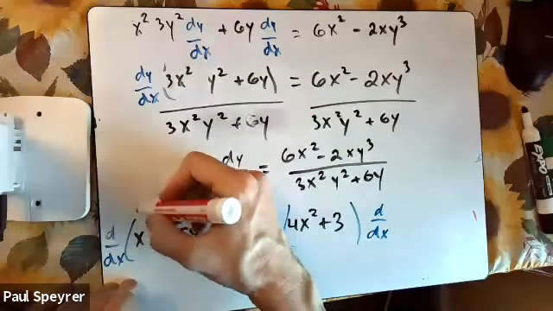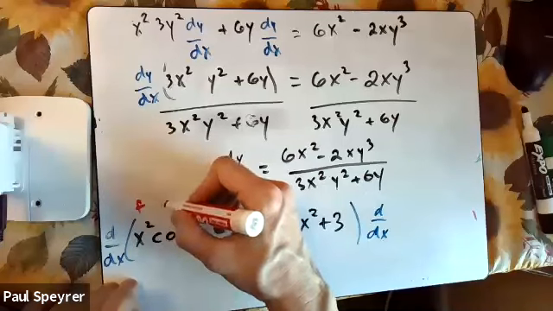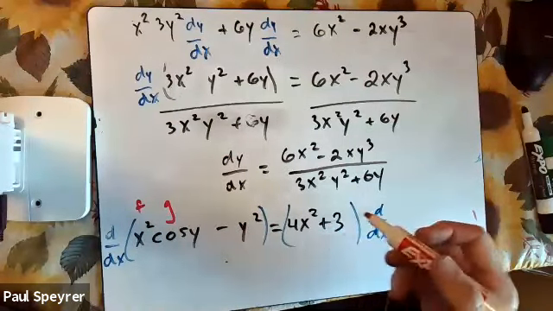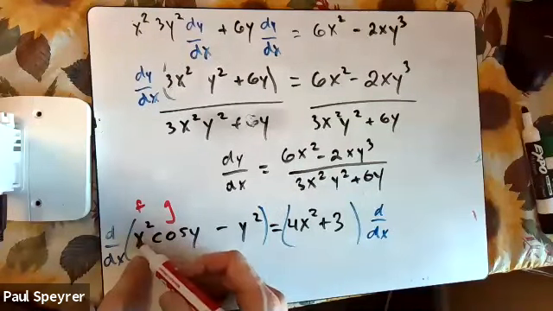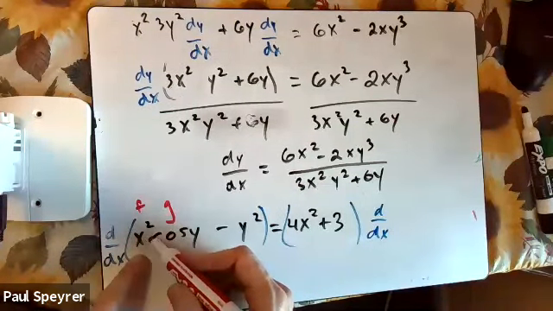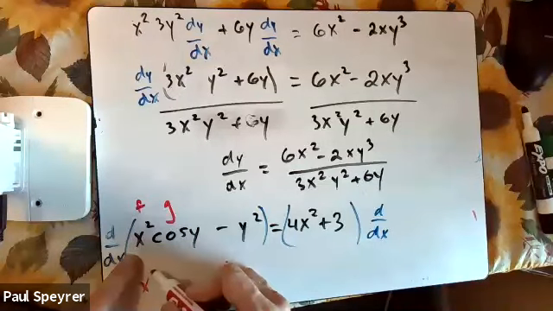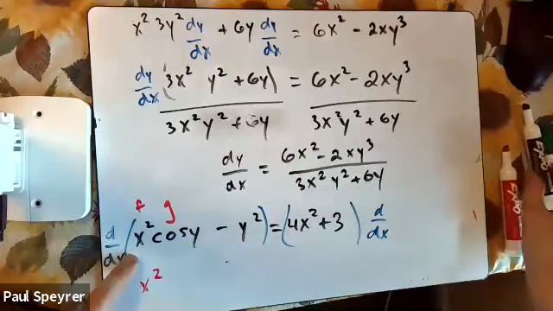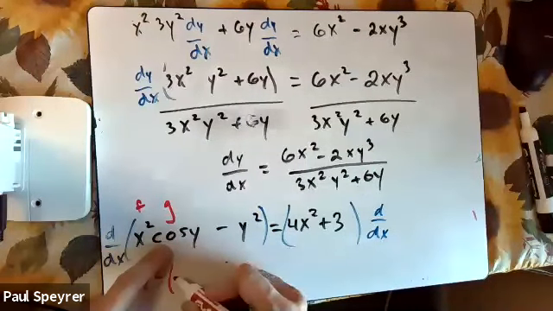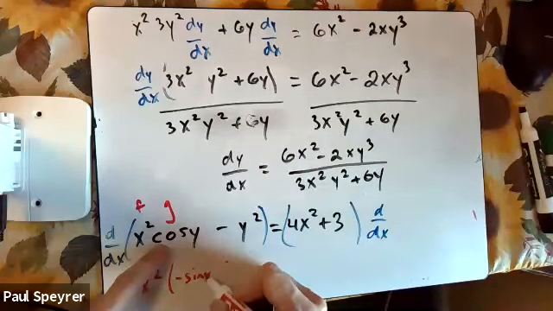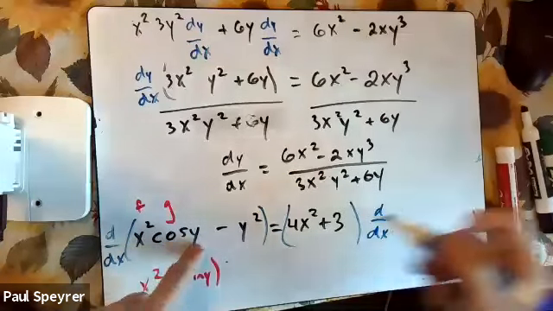So product rule is still f and g, right? So f times g prime plus g times f prime. What is that? F times g prime. Well, that's going to be x squared because f times g prime. Well, what's the derivative of cosine? It is negative sine of y, but then we still have to change the inside.